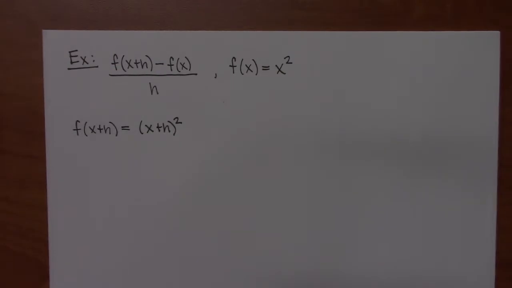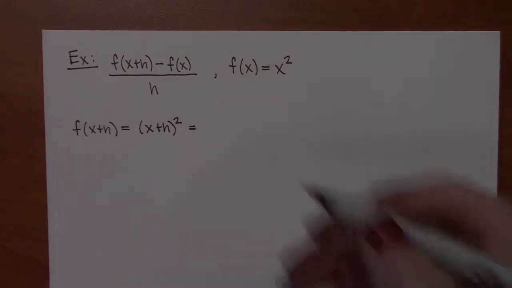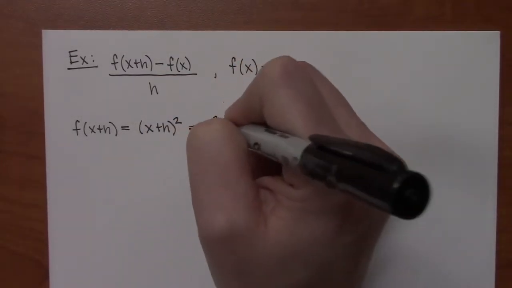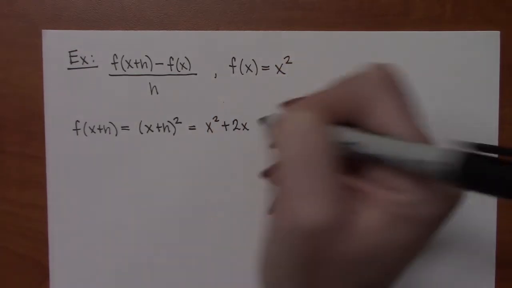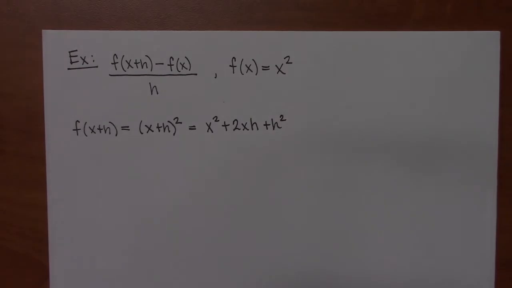I'm just plugging it into f of x. Then I want to go ahead and expand it out. I'd rather do the algebra up front before I build the quotient. So when we FOIL this out, we get x squared plus 2xh plus h squared. That's just expanding that out.